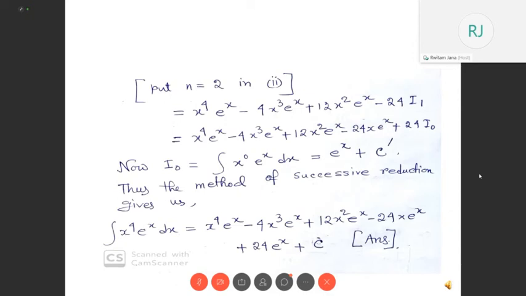You cannot put n equals to 0 in your reduction formula, because ultimately you will get I suffix minus 1. So if you want to find the value of I0, you have to put n equals to 0 in your original In. So that is the trick.